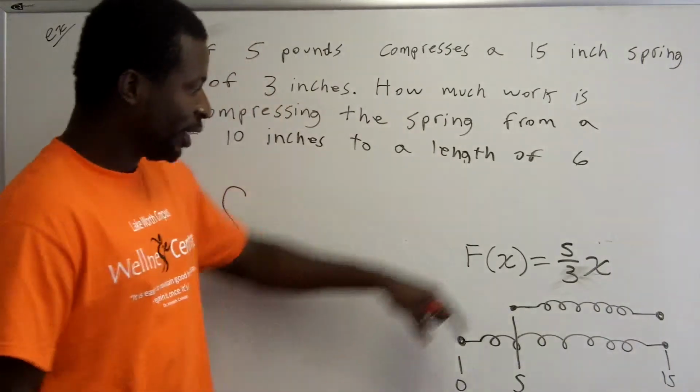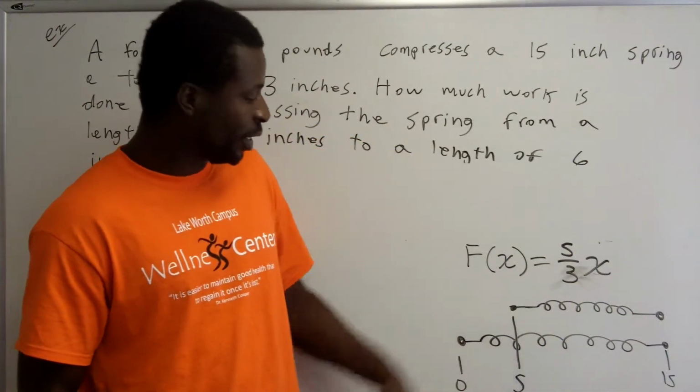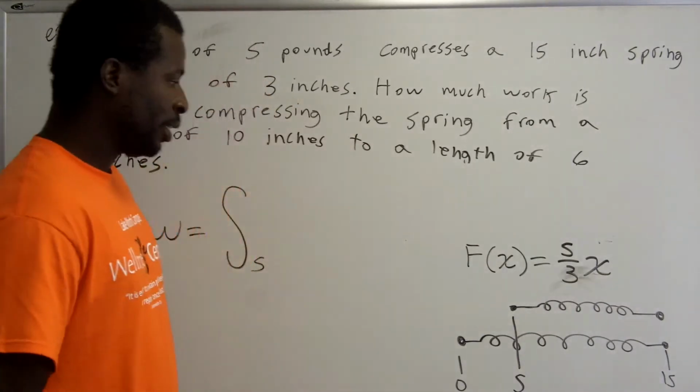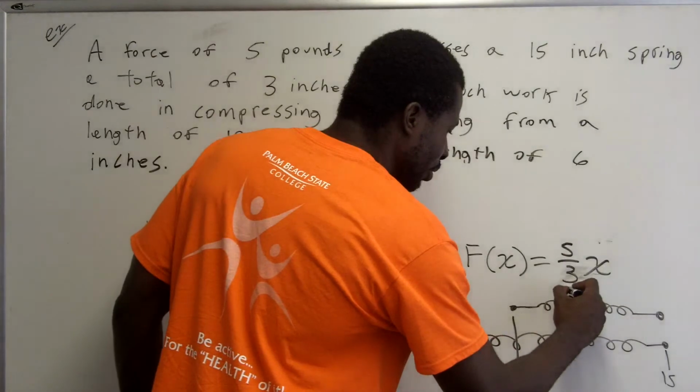So when the spring is 10 inches long, the distance that the spring has been compressed is actually only 5 inches. And then I'm compressing it from 10 inches long to 6 inches long.